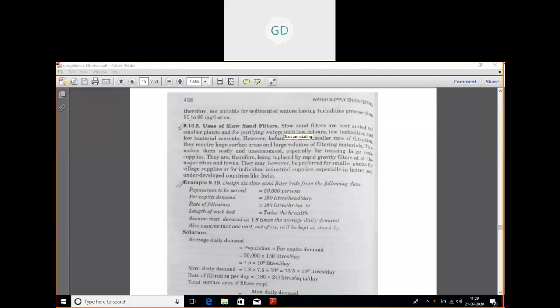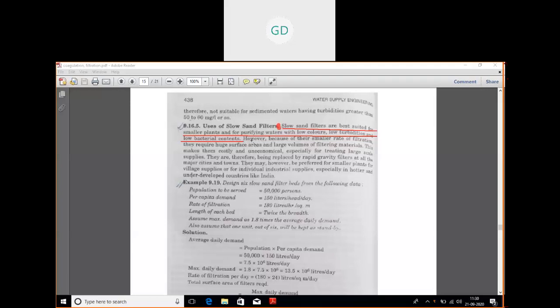Slow sand filters are best suited for smaller plants and for purifying waters with low color, low turbidity, and low bacterial contents.